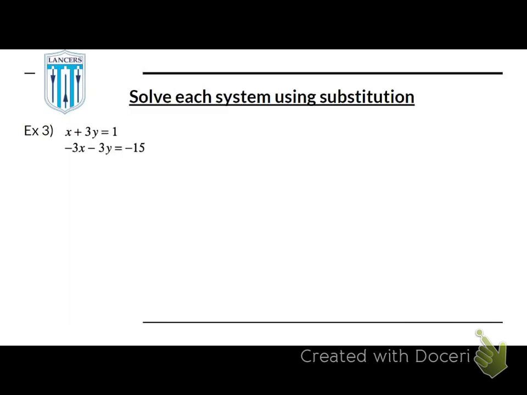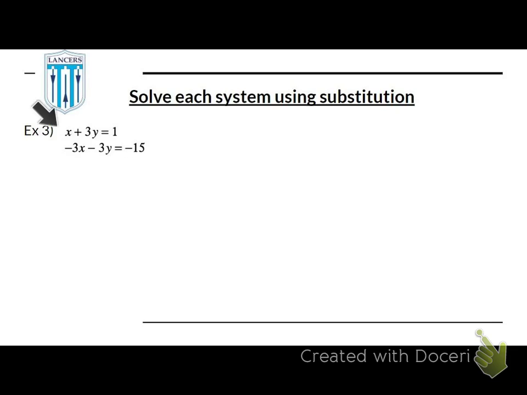All right, we are going to start this one off together, and then I'm going to have you work on the rest of it on your own before we go over the answer. Use the first one. Why do you think the first one, Jasha? Because it's easy to solve for x.